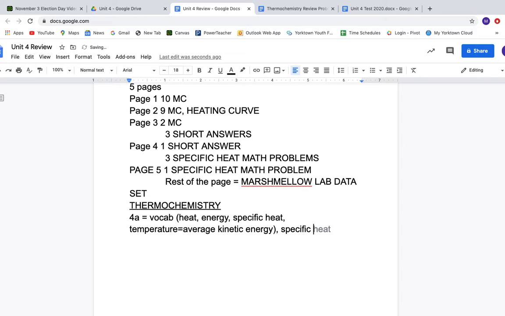Then the main focus was the specific heat equation. You should know how to solve for Q. You should know how to solve for CP. You should know how to solve for final temp.